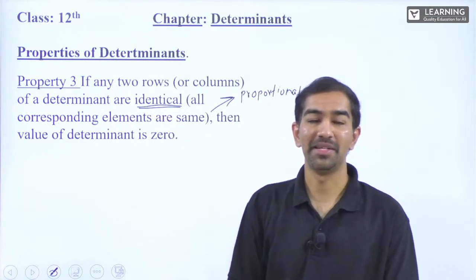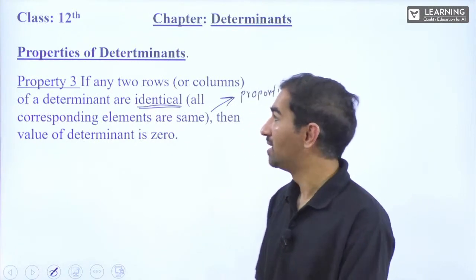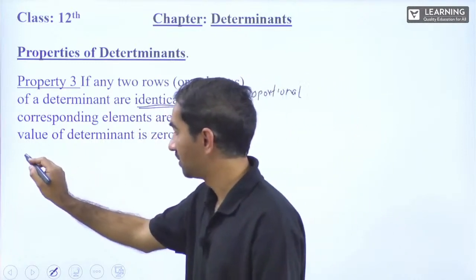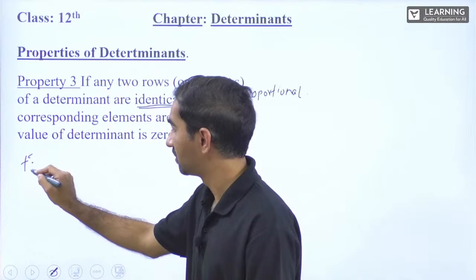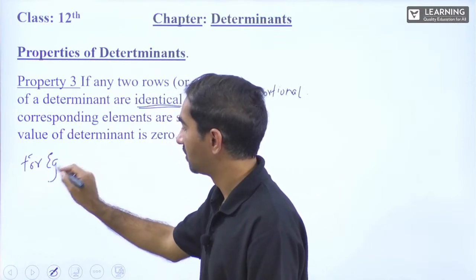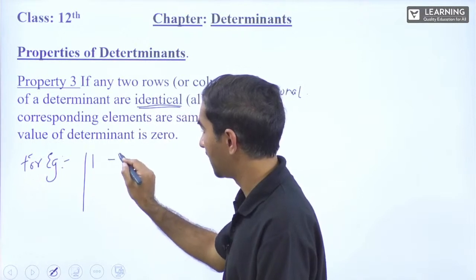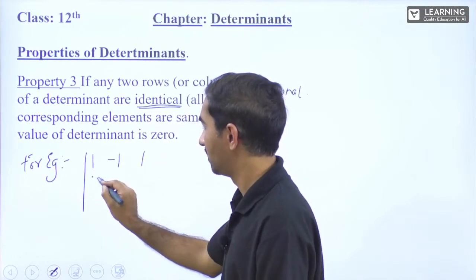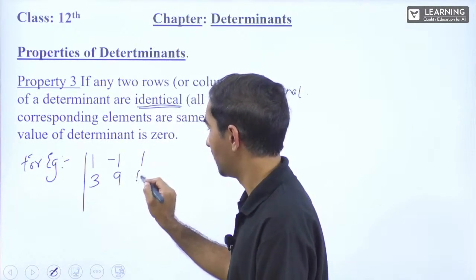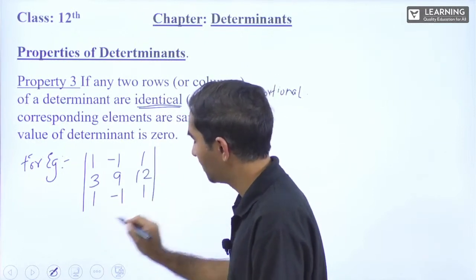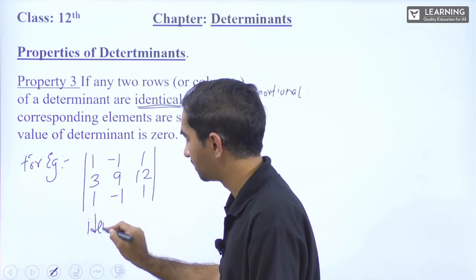Then the value of the determinant is 0. So we'll take an example of identical. So for example, determinant 1 minus 1 1, 3 9 12, 1 minus 1 1. So this is an example for identical.